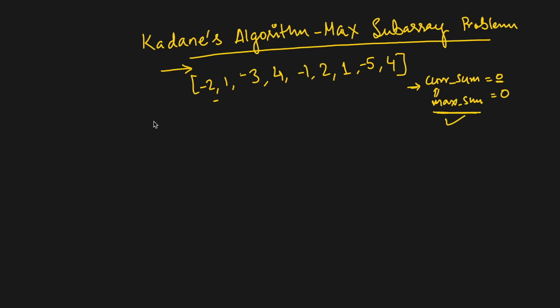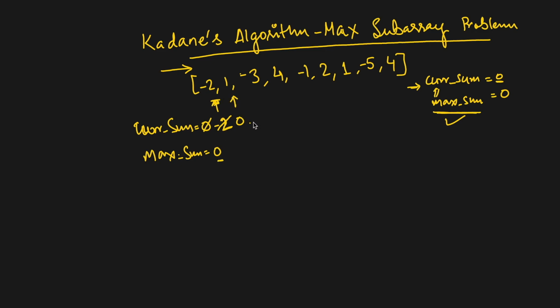Current sum is 0, and the max sum is also 0. Add the first element, so this will become minus 2, and now the minus 2 is less than 0, so we'll make it 0, which is same as max sum.